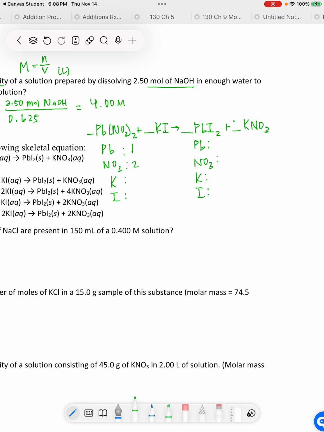And we have how many potassiums? 1, and we have 1 iodine. In the products, we have 1 lead. Again, we're looking at the whole nitrate polyatomic ion, and there are no parentheses around it, so we just have 1. We have 1 potassium and 2 iodine.